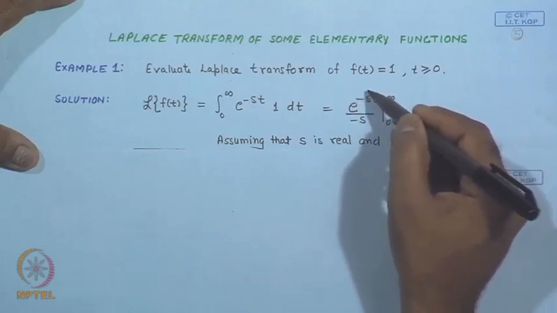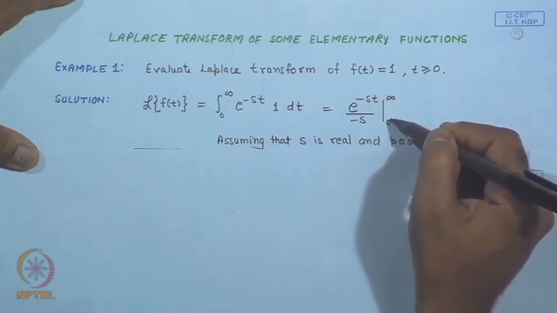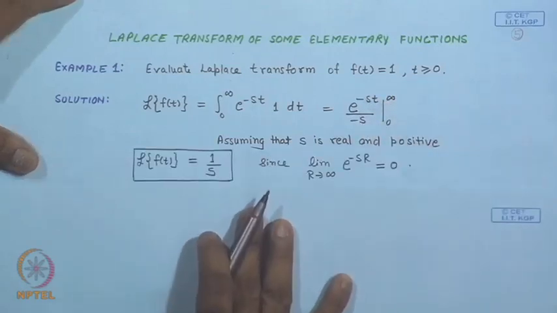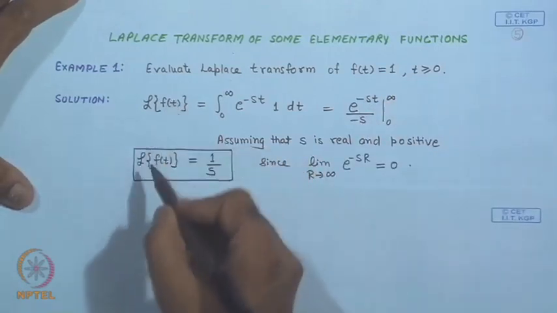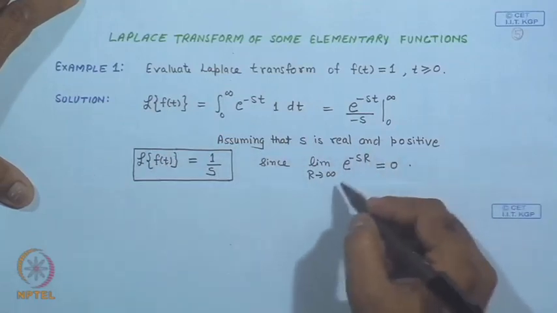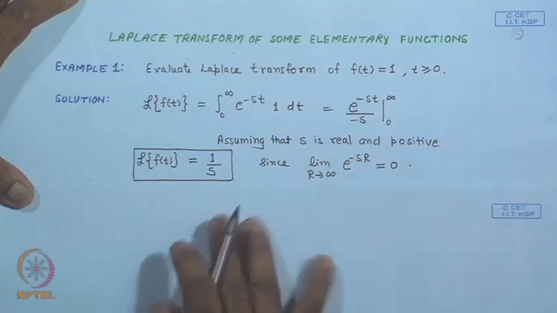This term will vanish, and at t equal to 0 we will get 1 over s. So, simply the Laplace transform of the function 1 is 1 over s, because the upper limit term is 0.